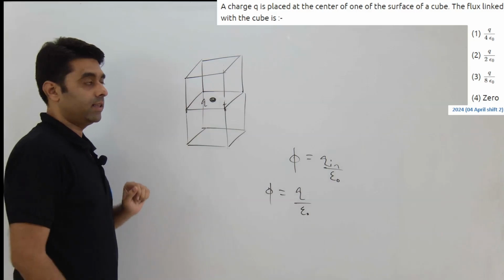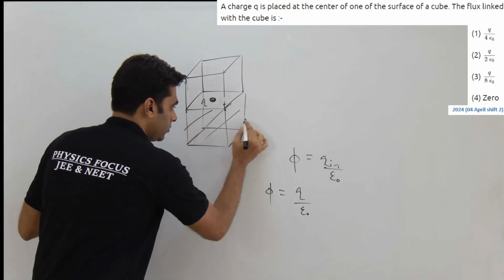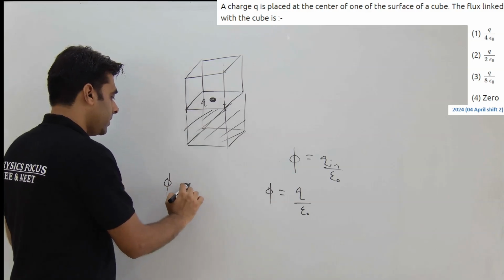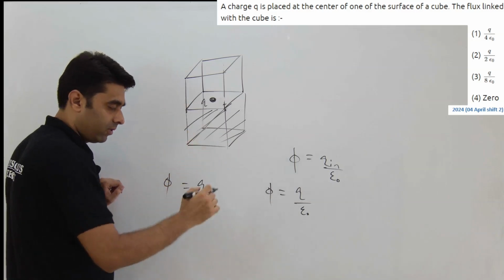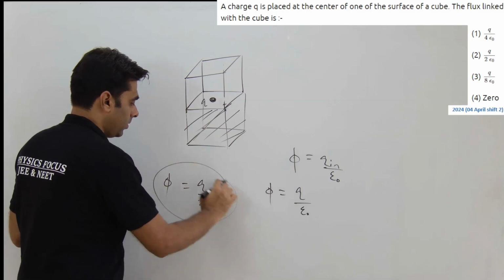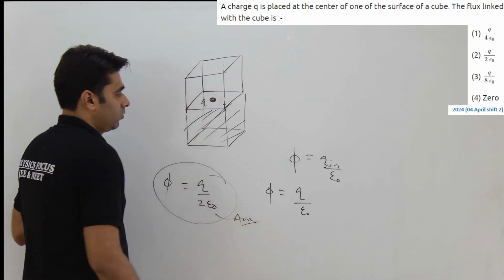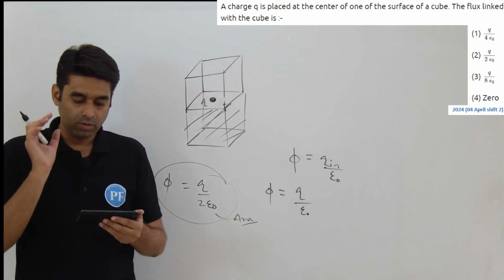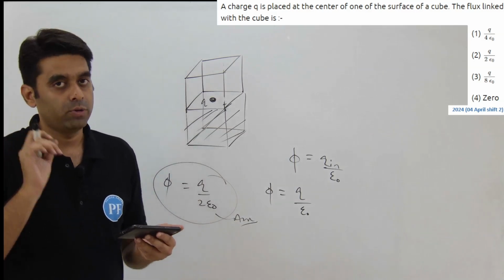Identical cubes are there. That means how much will be the flux through the lower cube? It will be half of this, phi equals q by 2 epsilon naught. So this will be our answer. You can check the options. It will be your second option, q by 2 epsilon naught.